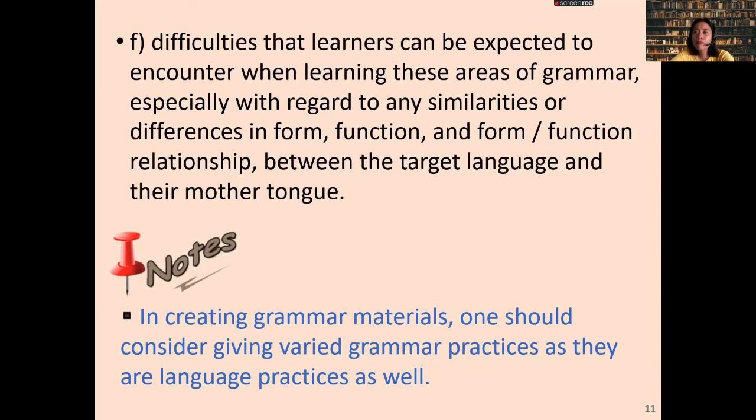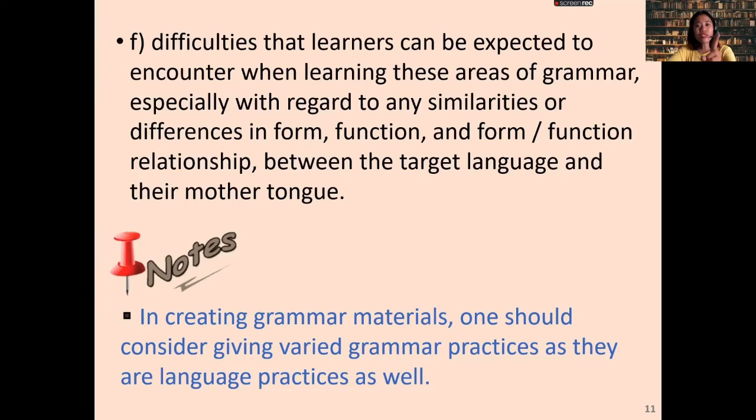And at the same time, we should be able to draw the line between those forms and functions, the relationship in terms of similarities and differences. We really have to draw the line because it may create confusion if students would not understand the similarities and differences, especially as there are just so many irregulars out there.